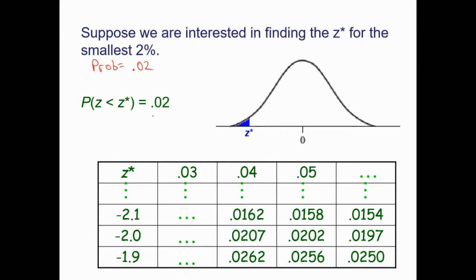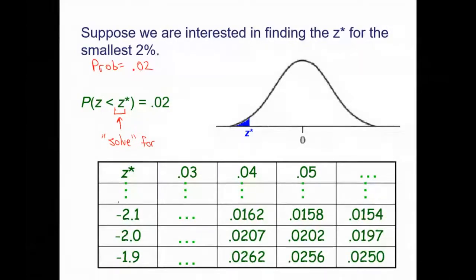That's how they got this probability that z is less than, and this is what we're solving for. I'm going to put solve in quotes because there's nothing really to solve, but that's what we want to find. They give us the probability this time.